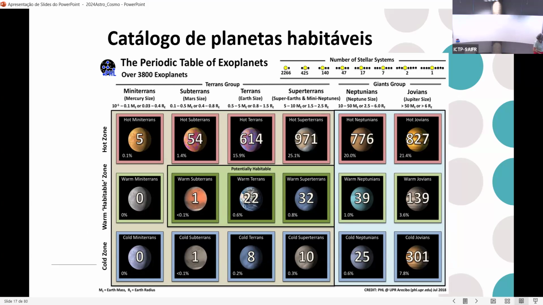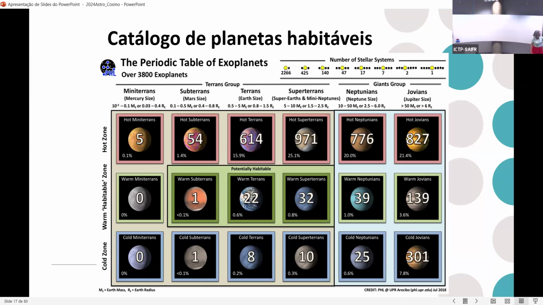Here is a list of possible habitable planets. This is updated a little bit from 2018, and it's from the University of Puerto Rico. And what you can see here is the gold zone. There are planets that are too far away from their star, planets that are too close, so they're hot, and then the warm ones where they have really wet conditions. And the colors are sizes: Mercury, Mars size, Earth, super Neptunians, and Jovians.